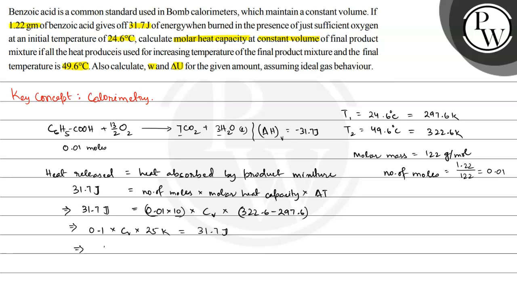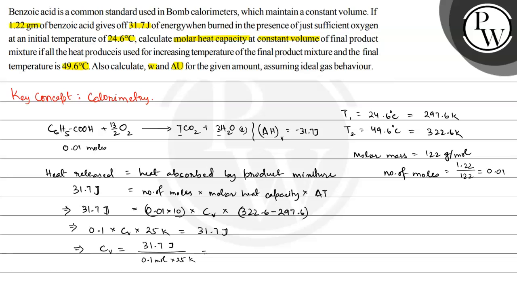So CV would be 31.7 joules divided by 0.1 moles multiplied by 25 Kelvin.